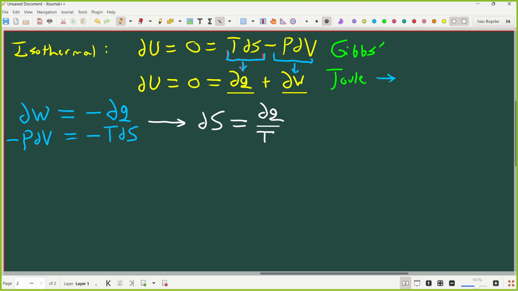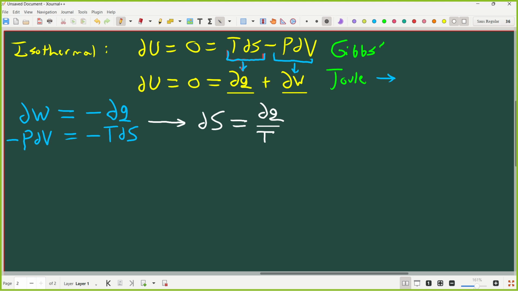So if your system is at 1 Kelvin, the entropy change for an equivalent amount of heat will be 300 times what it would be if T was 300. If dq is the same for both temperatures, then the entropy changes consequently vary based on the difference in temperature, by a ratio.